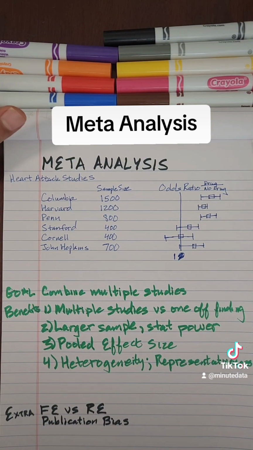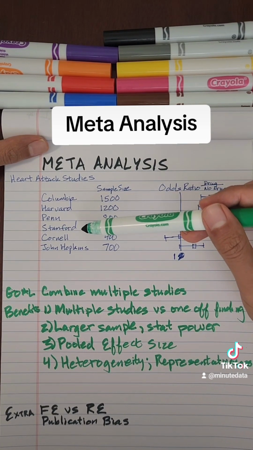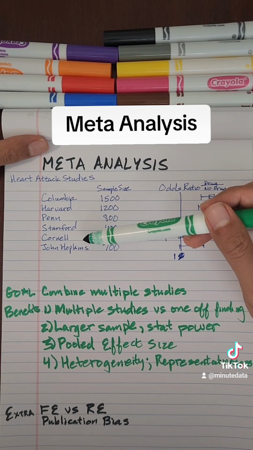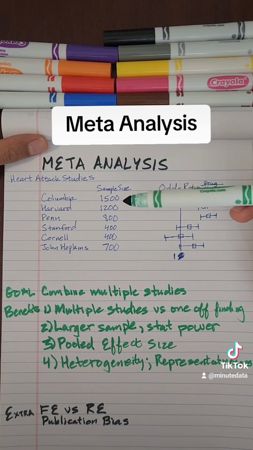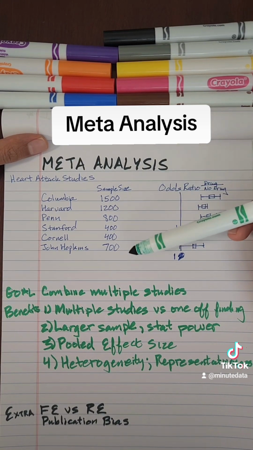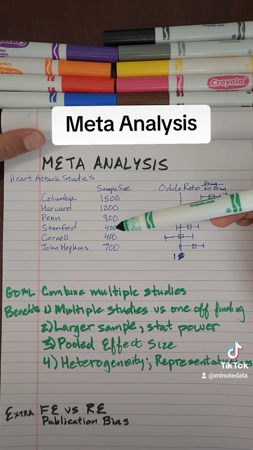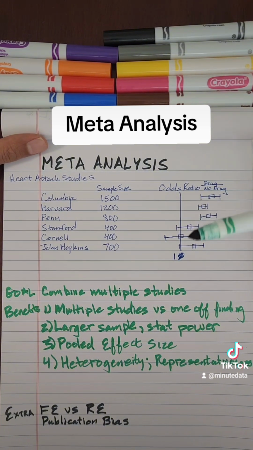There might be something related to big city patients and heart attacks versus, hey, Stanford, you got some West Coast representation. Cornell, you got some suburban representation. Johns Hopkins, another inner city representation. So if you're trying to make a statement about the general population, it's nice to get samples and representation from different city versus suburban, West Coast versus East Coast, those types of differences to make a more population level assessment.